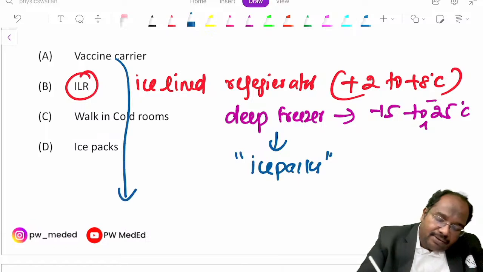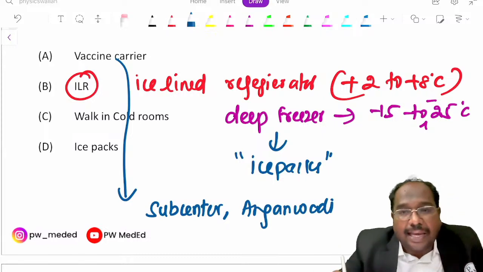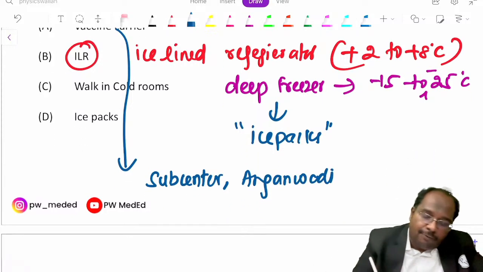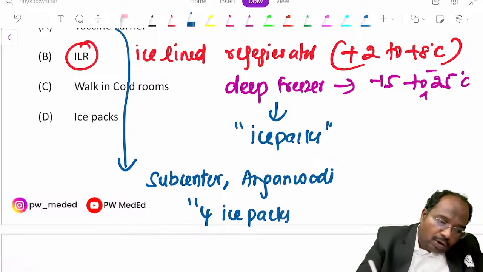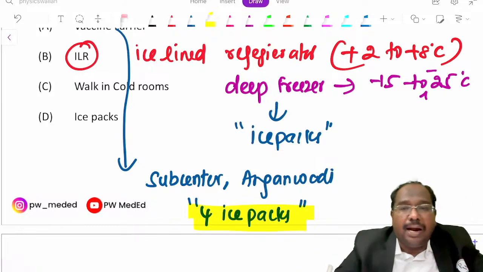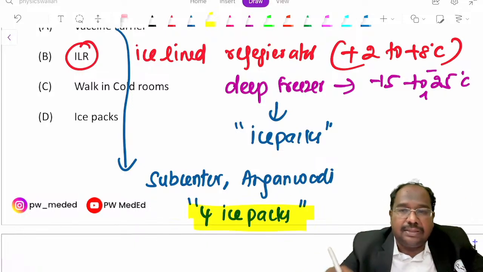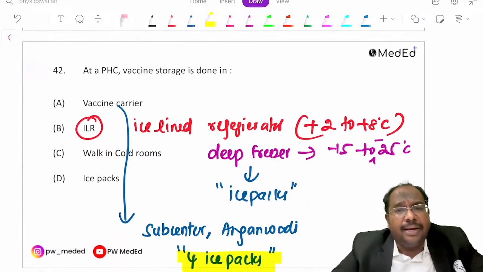The vaccine carrier will be used in sub-centers and Anganwadi to carry the vaccine. It will have 4 ice packs, and we will carry the vaccines in the vaccine carrier. Am I clear?